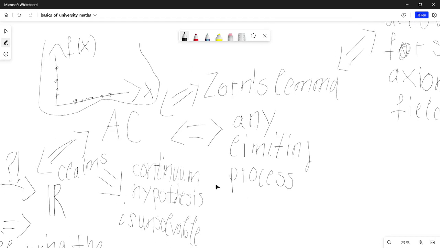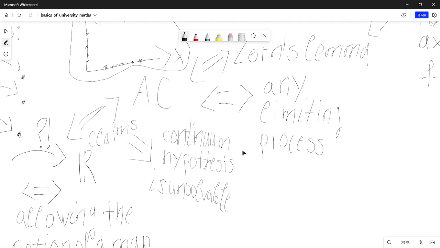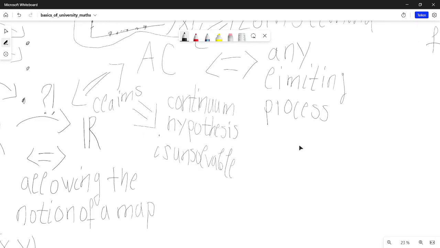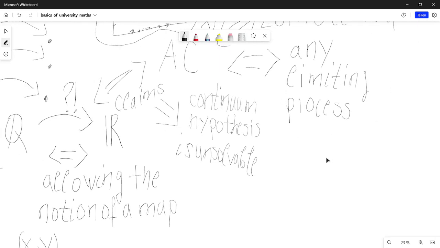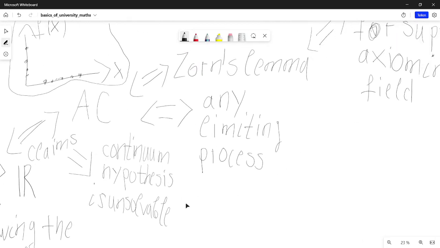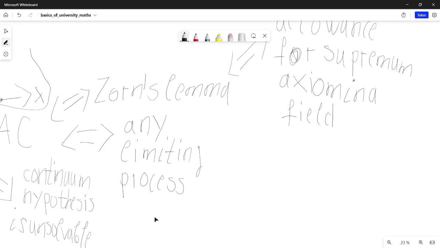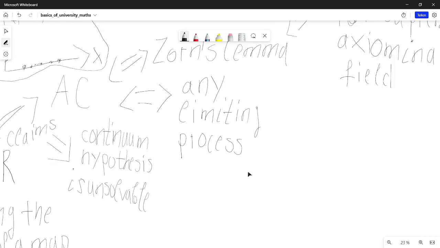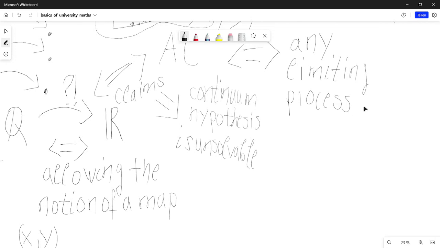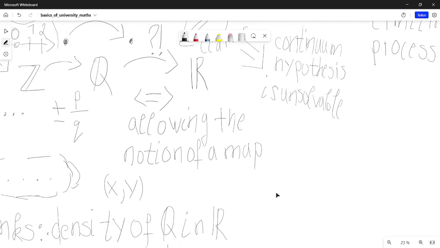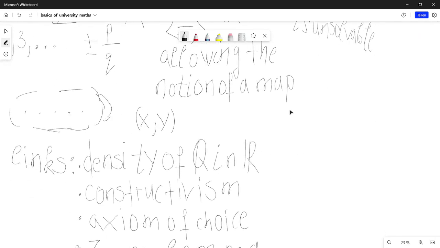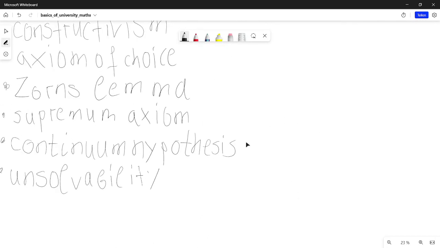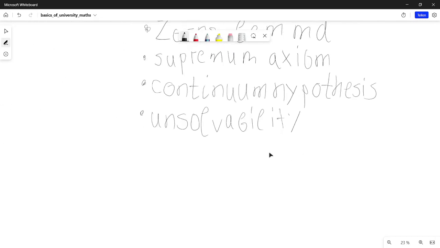Well, the limiting process is quite simple. Like the limit of a sequence, for example, the most simple thing, the limit of a sequence. I don't think I need to put a link for that. And anyway, since it's links to Wikipedia, you could just Google it. I mean, just look it up in Wikipedia yourself, but okay. Construction.